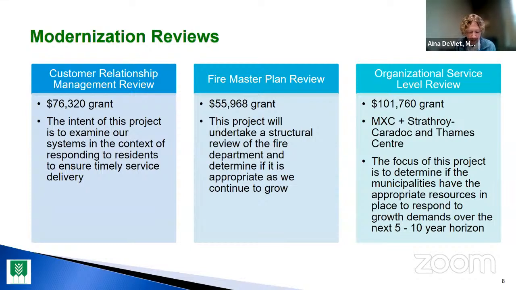The second item here is the Firemaster plan review. There's almost $56,000 in that grant, and this project is designed to undertake a review of the structure of the fire department and to determine if it's adequate and appropriate as we continue to grow to serve people in a timely and effective and cost-effective way.